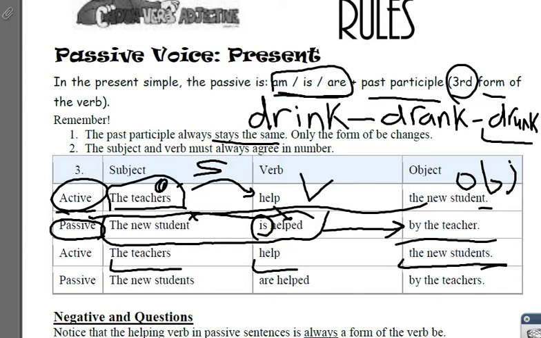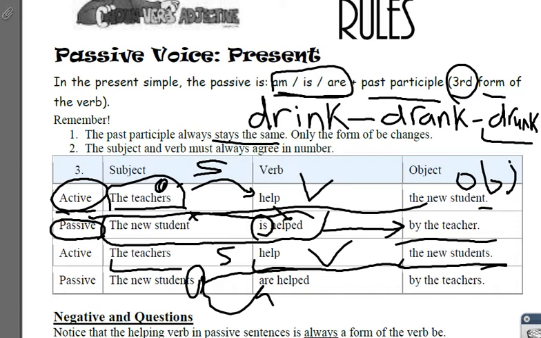The teachers help the new students. So, the teachers, subject, help, verb, new students, object. We are going to begin with the object, the new students. And here it's slightly different because new students are plural. We have to put are instead of is. The new students are helped by the teachers.